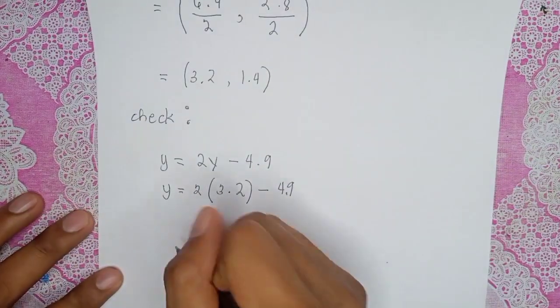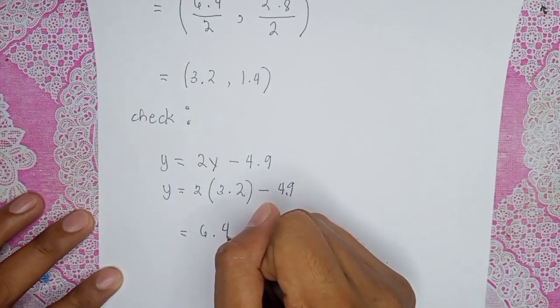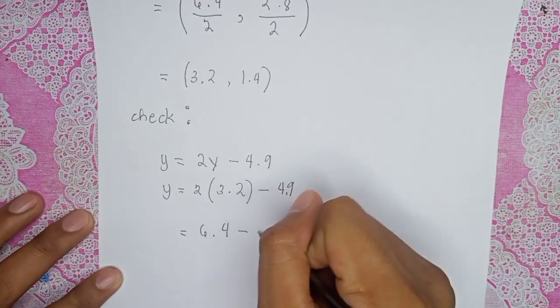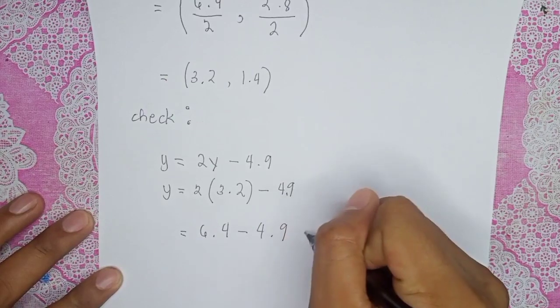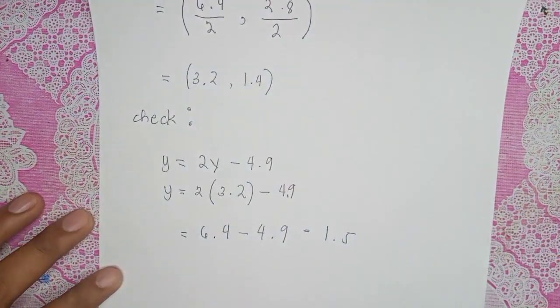Then we will have 6.4 minus 4.9 is equal to 1.5.